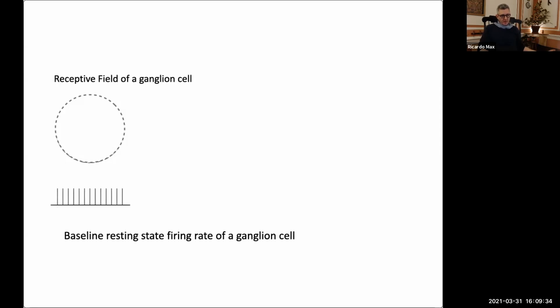So they started to put light on that area of the visual field that the cat is looking at. This is the baseline resting state of that ganglion cell. It sounds like tick, tick, tick, tick, tick, meaning nothing is falling on that receptive field.